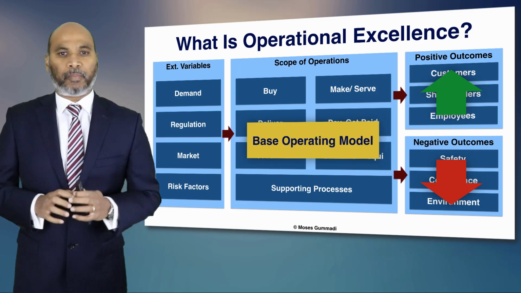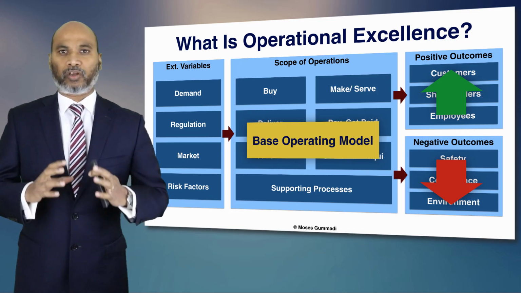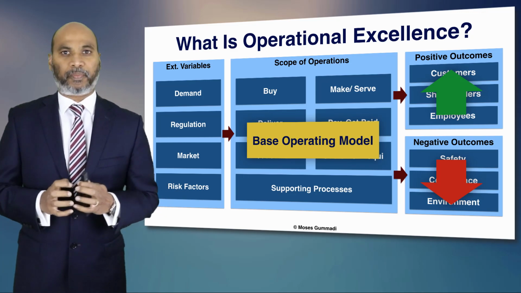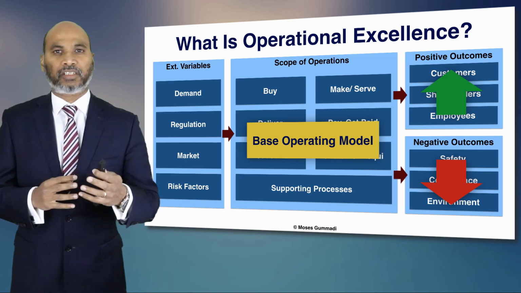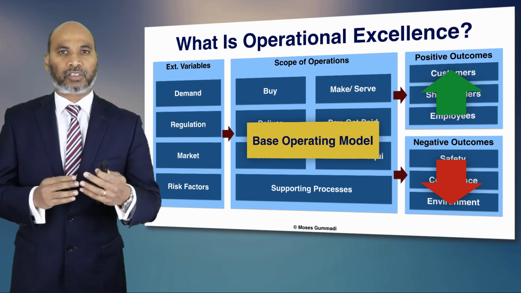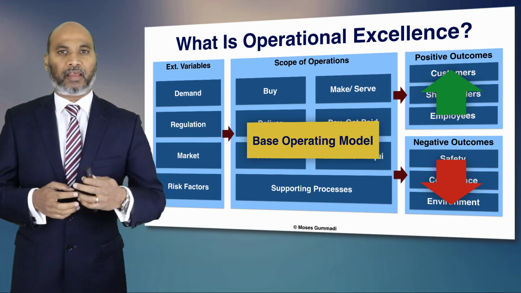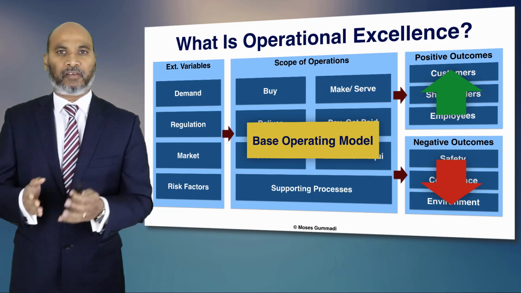By how? By coming up with a base operating model, an optimal base operating model. And I'll tell you why I am calling that a base operating model. An operating model essentially has all these four different things we talked about: the processes and the people, and the hardware, software, assets and locations, etc., plus the material and information flows.